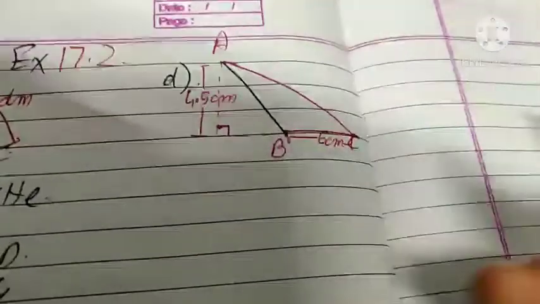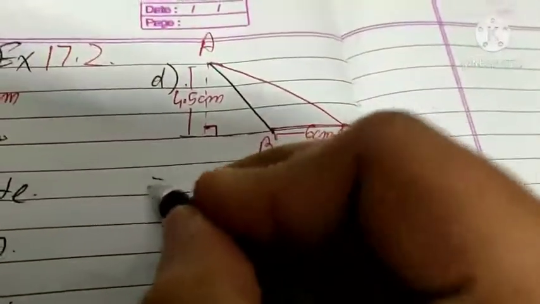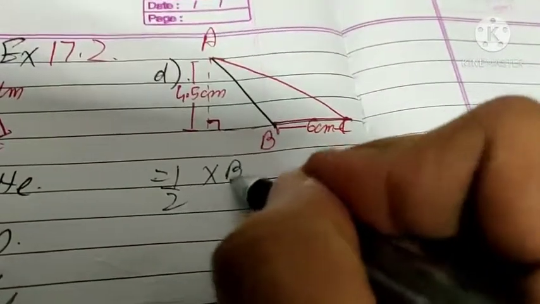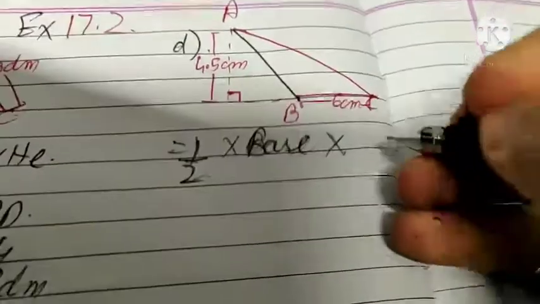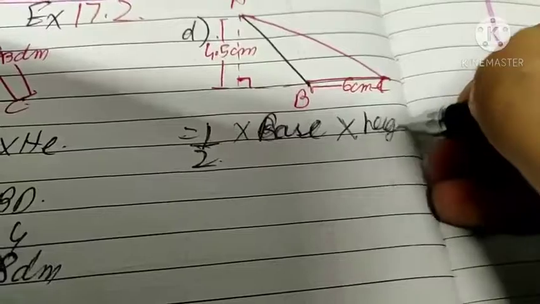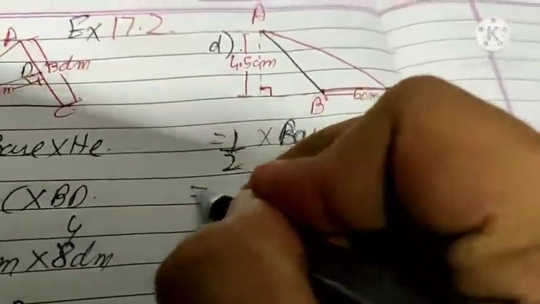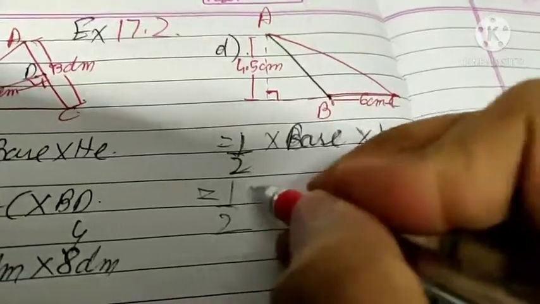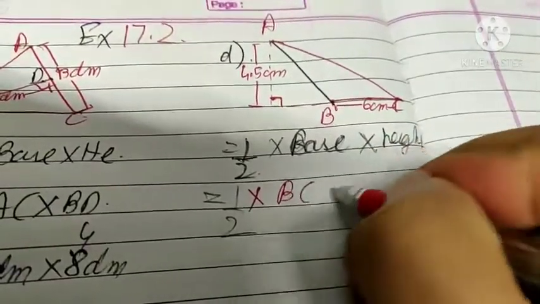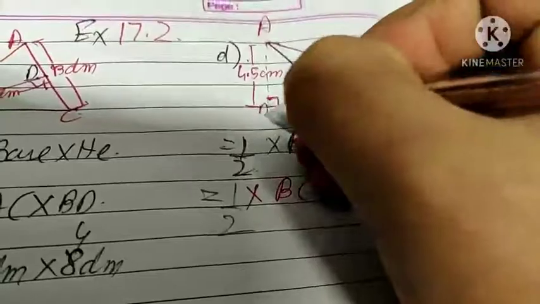Then this is the second question here. Here also we have to find the area of triangle ABC. Here also again half into base into height. Okay. Here base is this BC and height here is AD.